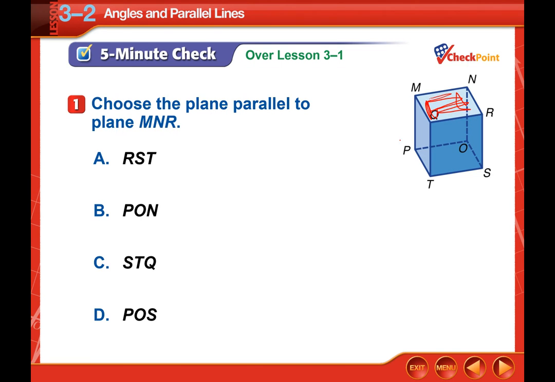That includes either P, T, O, or S. Remember that we name planes using 3 letters. It's not going to include R. It is not going to include Q. And it's not going to include N. The only correct choice really here is POS.